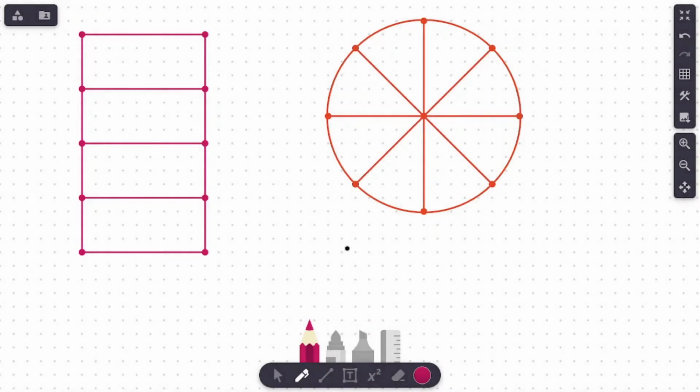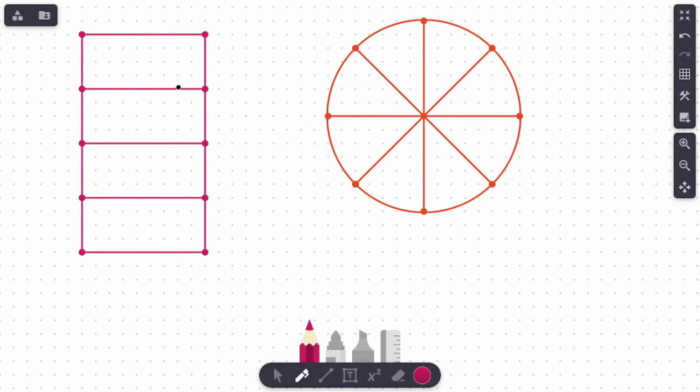All right, got two more figures up here on the screen. I want you to focus on this one on the left over here. And I want you to take a look and see how many sections I have partitioned this whole figure into.